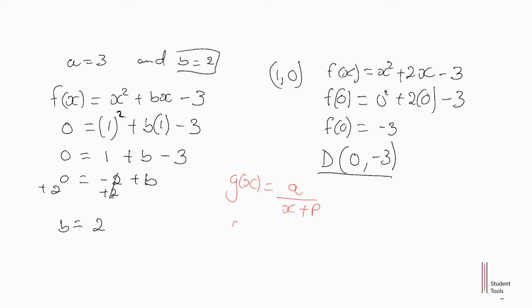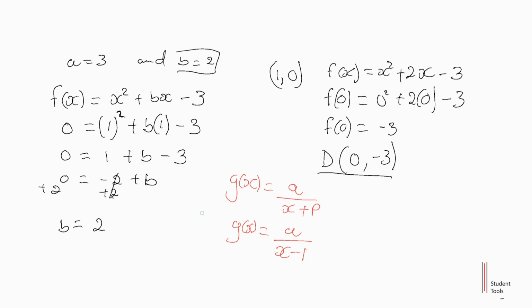So therefore, graph of G is g of x equal to a over x minus 1, because p is equal to negative 1. And then that makes it x plus negative 1, which is x minus 1. So now we will use the coordinate which is on G, but also on f to get the value of a. So that is the d.